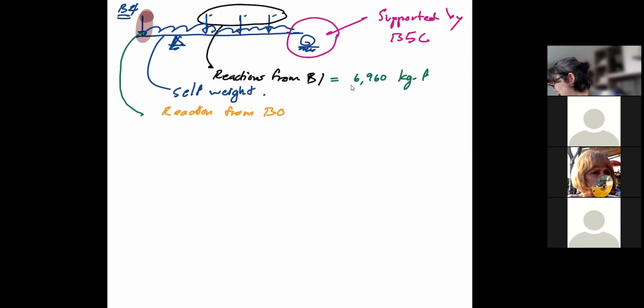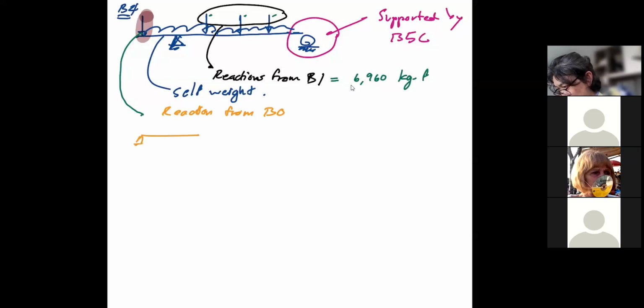Trickily enough, I didn't ask you to calculate the B naught, right? So in order to get this, you must DIY, do it yourself.